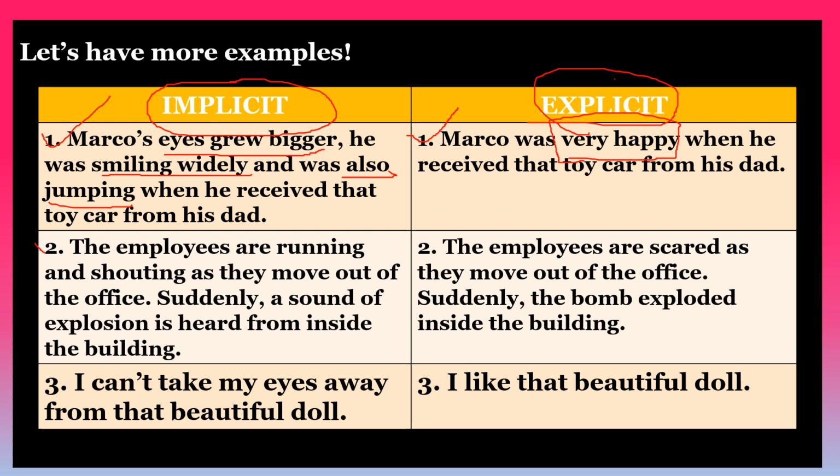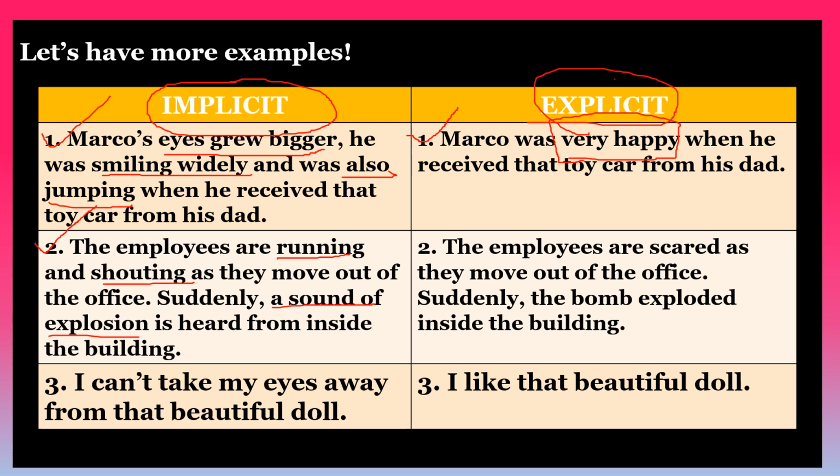So in the first example, kids, under the implicit part, you can sense, you can feel that the employees are scared because they are running and they are shouting. And you can also feel that something happened because of the sound of explosion.